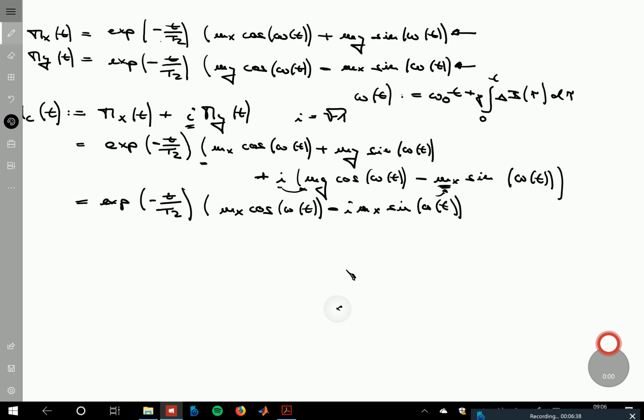We have this term, that's fine, and we have i my cos omega t plus my sine omega t. So basically, there's also a plus between them.